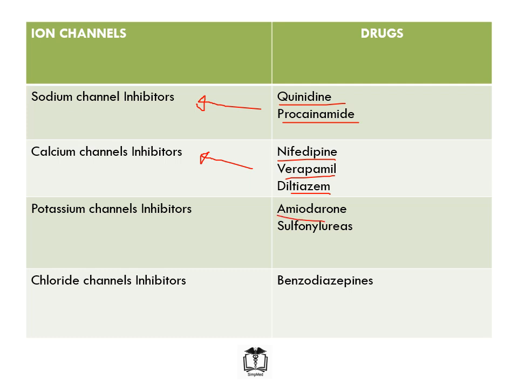We have drugs like amiodarone and sulfonylureas, which are antidiabetic agents, drugs like glyburide, for example, or glibenclamide. These drugs tend to act on potassium channels. And then we have drugs like benzodiazepines, which would act on the chloride channels, typically referred to as chloride channel activators or sometimes inhibitors.